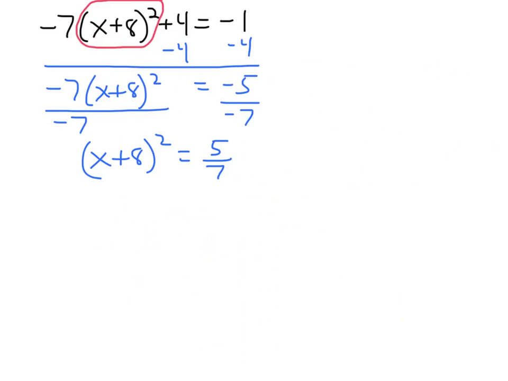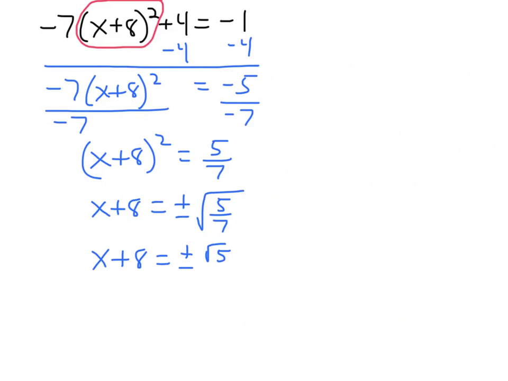Once you put it into that form, now you can do it the same as before. You can take the expression inside, x plus 8, and set it equal to positive or negative the square root of the number on the right side. And again, we'd want to try to rationalize that denominator. So x plus 8 equals positive or negative square root of 5 over the square root of 7. And then we can multiply the top and the bottom by square root of 7.